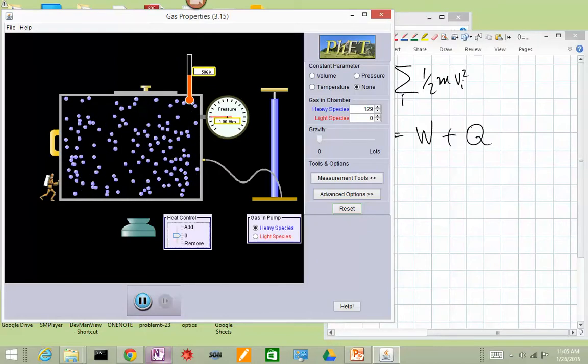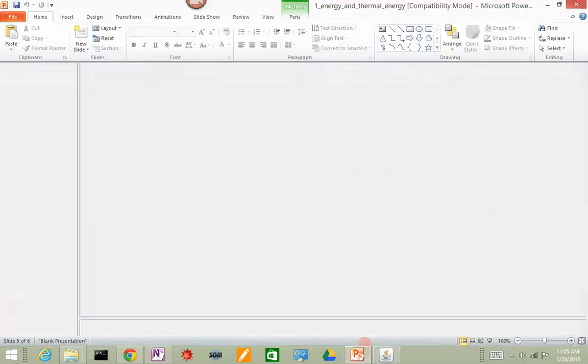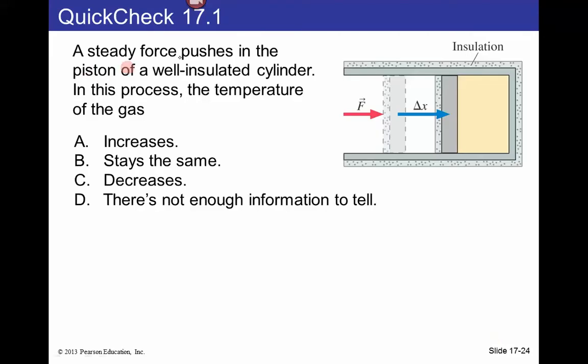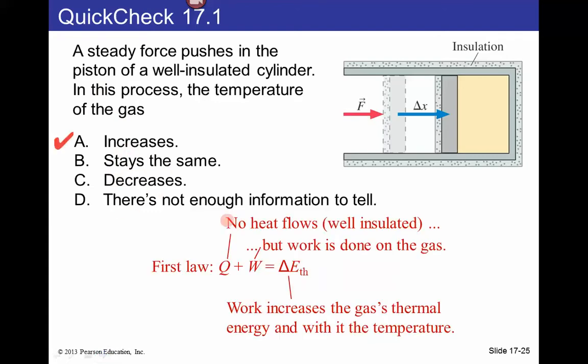So we can go back now to our question. We have a steady force pushing on this gas here. In this process, the temperature of the gas, when you push, increases, stays the same, decreases, or there is no information. Well, there is no heat going in because there is insulation here. This is an adiabatic process.